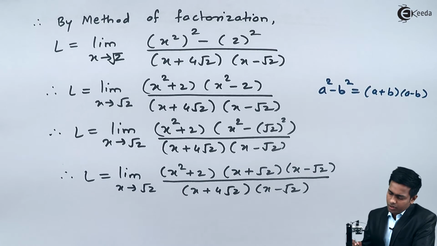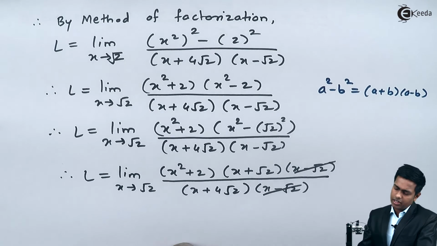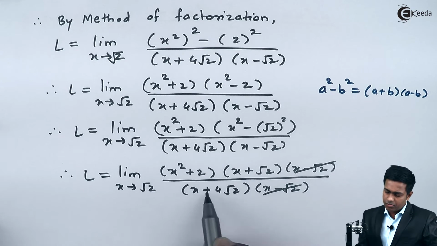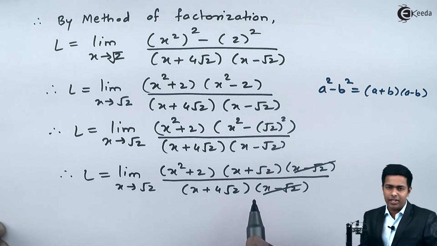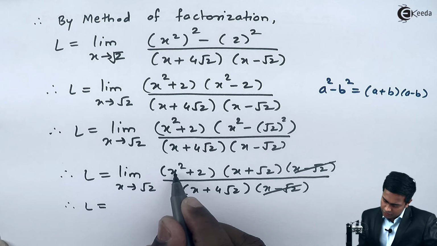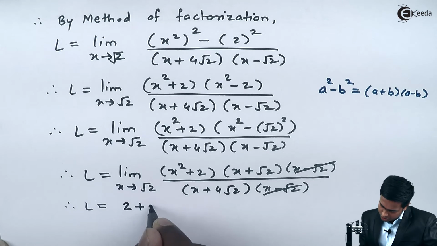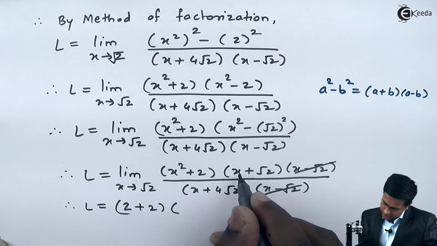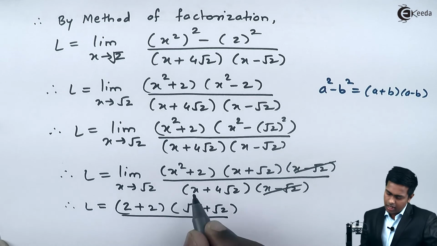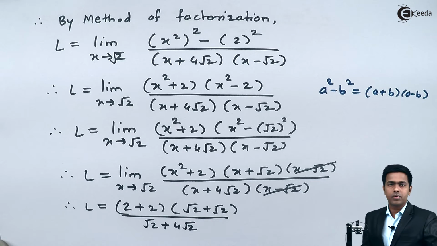Now if we observe numerator and denominator, then definitely we can cancel x minus root 2 from there, and for the remaining terms we can apply the direct method. So by direct method this term will become root 2 the whole square, so that is 2 plus 2. This term will become root 2 plus root 2, and this term will become root 2 plus 4 root 2.